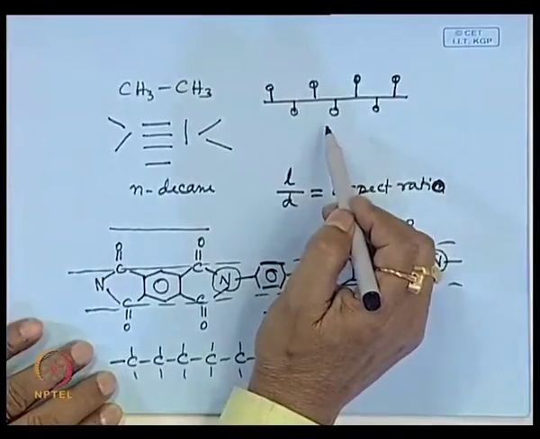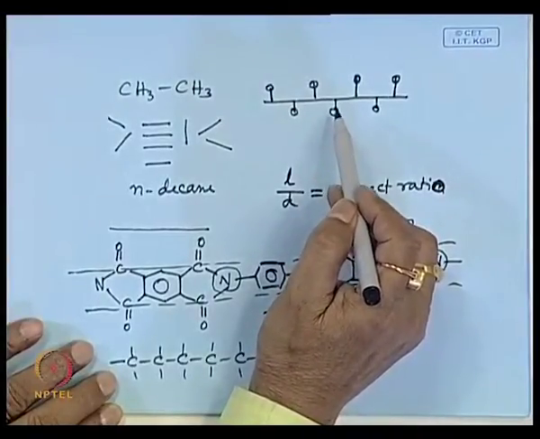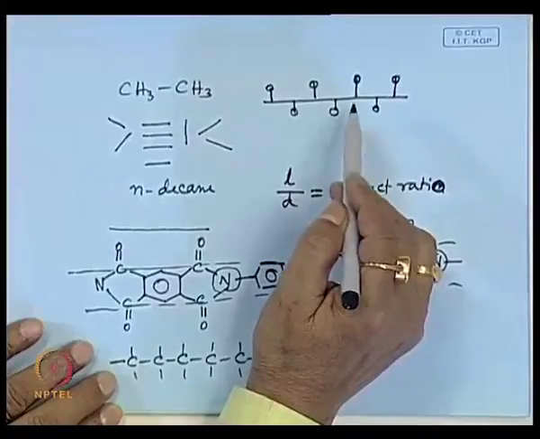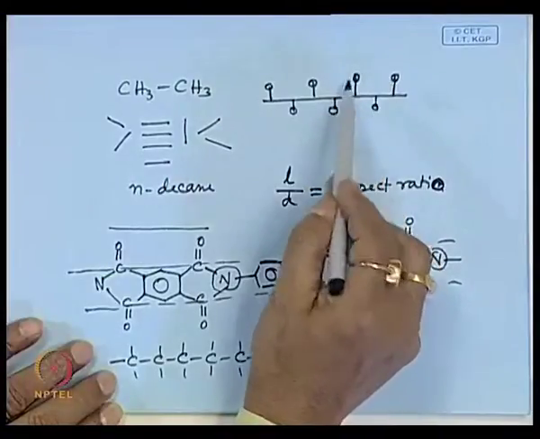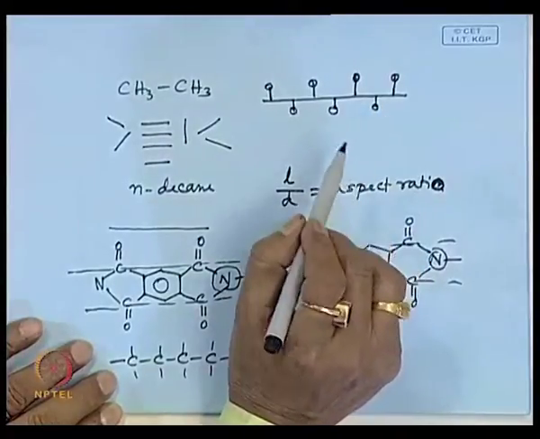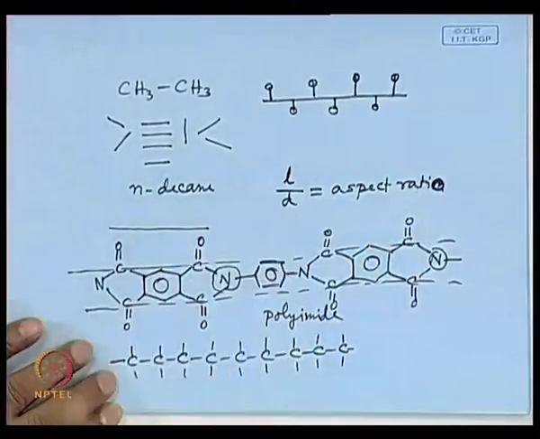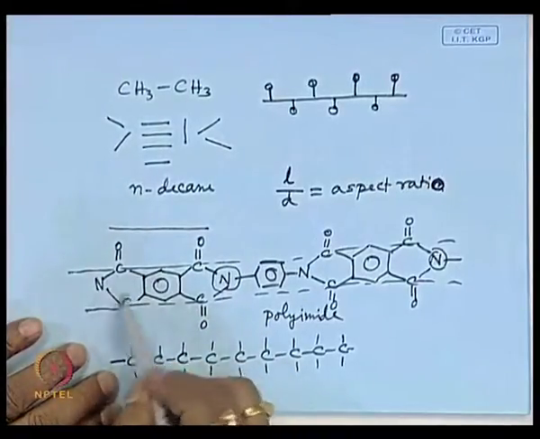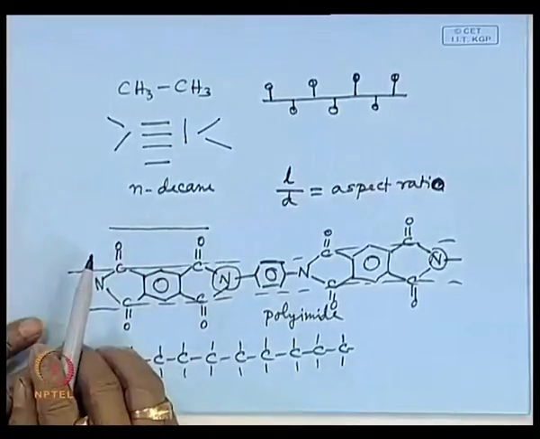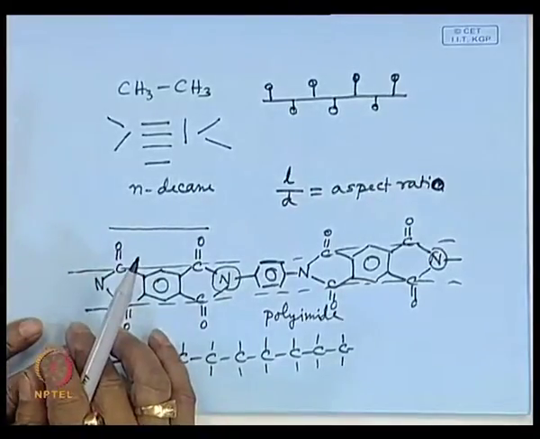Now, these groups or pendant groups or substituents are known as mesogens, or the groups in the backbone chain like this, say rings, say imide ring or benzene ring. These can also be called mesogen units, which help in getting this mesophase, means liquid crystalline phase.